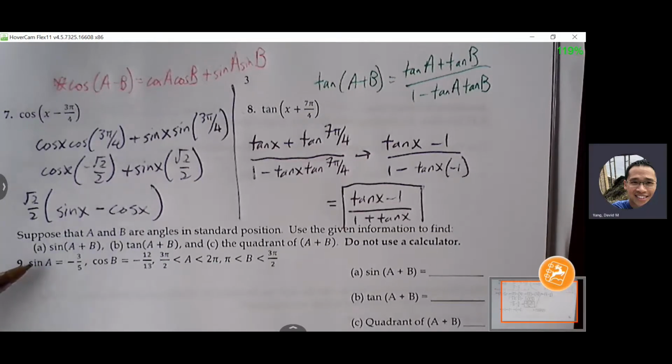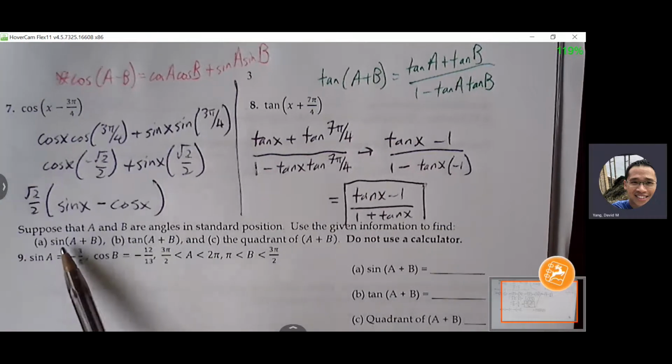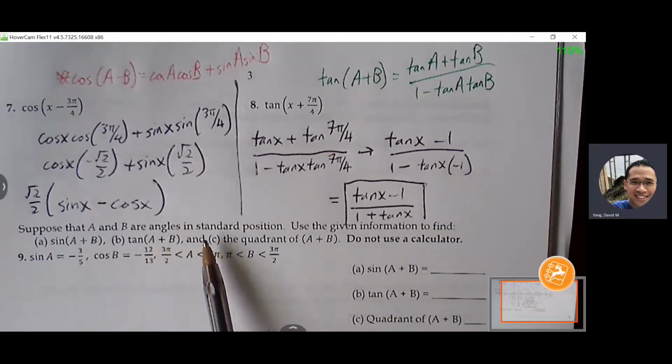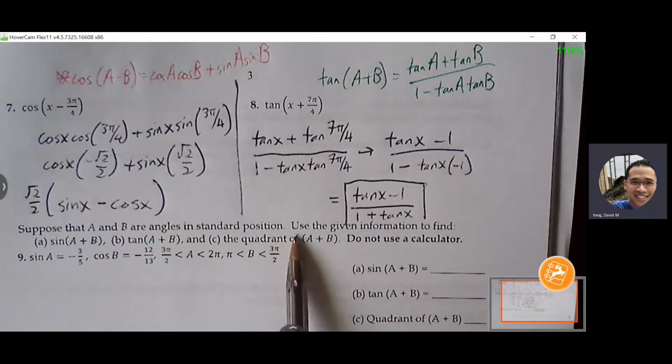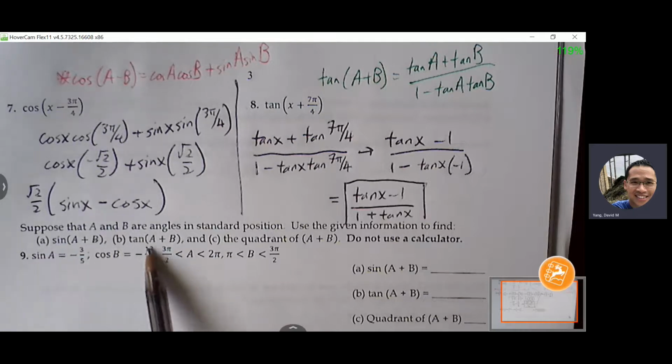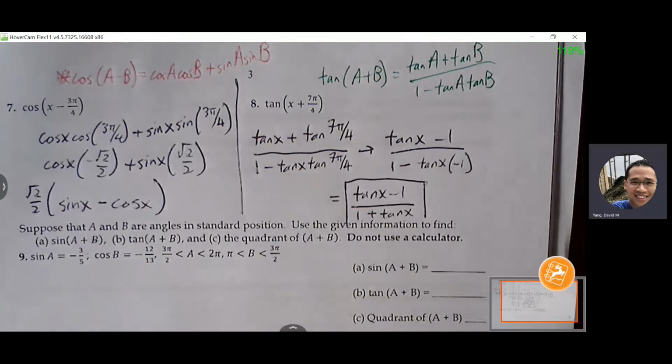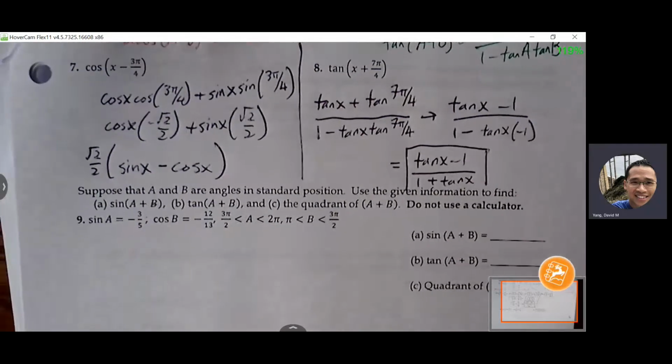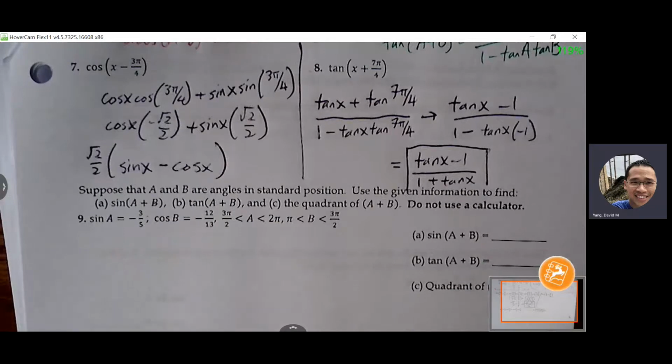Okay. So direction says, suppose that A and B are angles in standard position. Use the given information to find sine of A plus B, tangent of A plus B. But we're going to have to build our ratios from triangles in the first, second, third, or fourth quadrant. So let's see if we can build out what's happening.